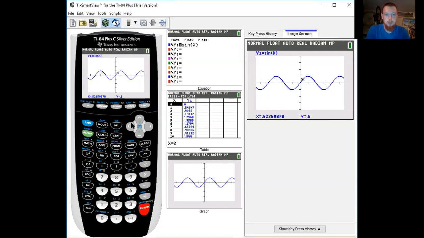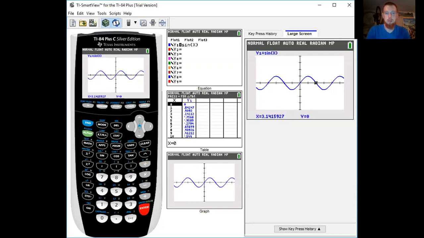So this 0.523, this is pi divided by 6 as a decimal. Let's try pi over 3. That was the square root of 3 over 2. As a decimal, that's 0.866. Bam, there we go. But the ones that we're really interested in are pi over 2. That's supposed to be 1. Yes. Pi, that's supposed to be back to 0 on the unit circle.